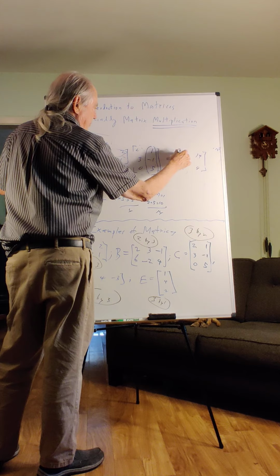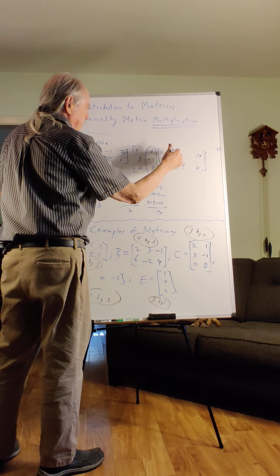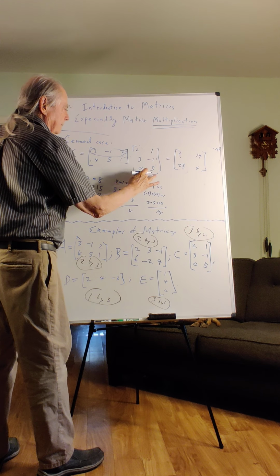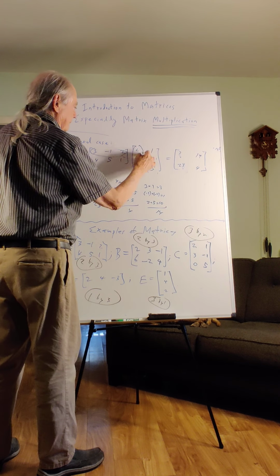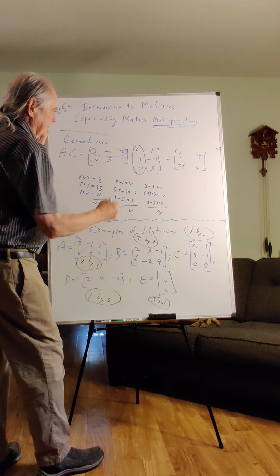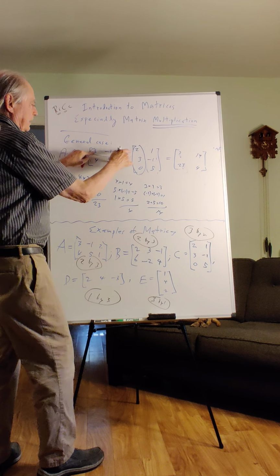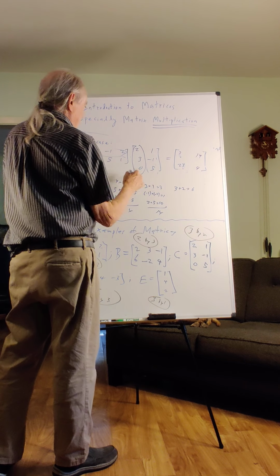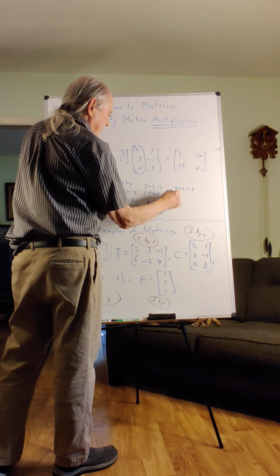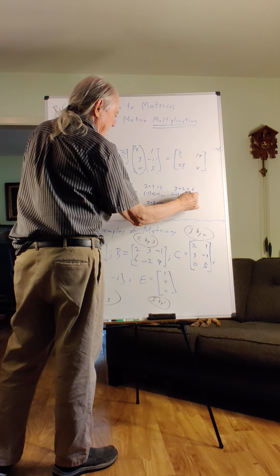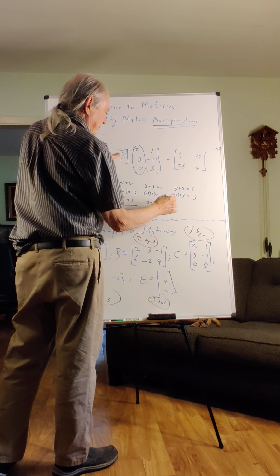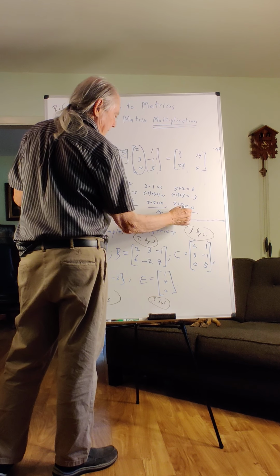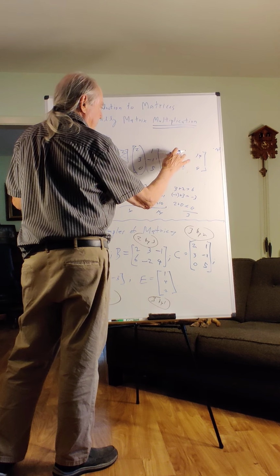And this is in the top row, left column. Three times 2, negative 1 times 3, and 2 times 0. Add these numbers. So we put a 3 there.